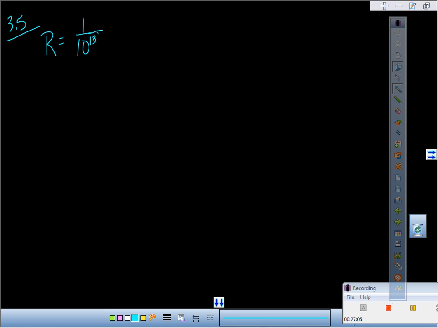So they tell us that the ratio of carbon 14 to carbon 12 in a newly discovered fossil is 1 over 10 to the 13th. And then they give us this crazy formula that looks like this: 1 over 10 to the 12th times E raised to the negative T over 8,267.